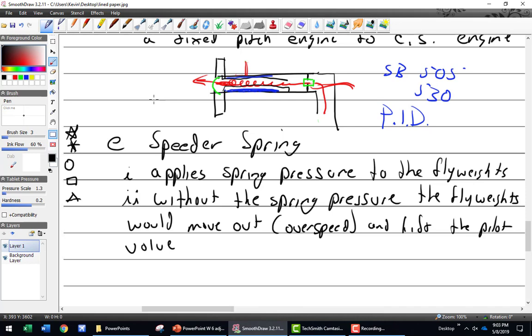And also, I would have it overhauled every time I had the prop overhauled. So I would match it with the prop. So if I sent the prop out for an overhaul, I'd probably send the governor too, unless it was just done. If I was doing an engine overhaul, I would definitely want to see the one I built overhauled as well.